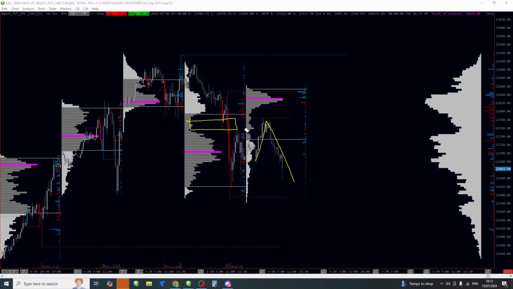Now, we'll just talk about some of the characteristics of a volume profile, right? So you have a distribution. Now what distributions are, it's these high volume nodes, and these high volume nodes are essentially price ranges.